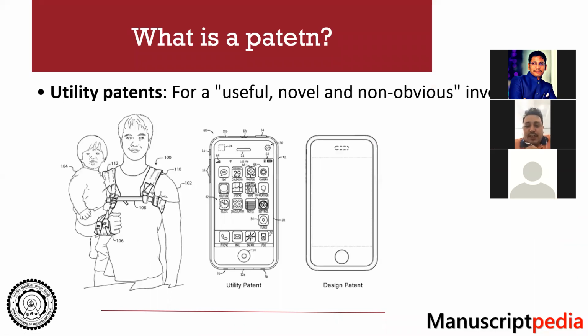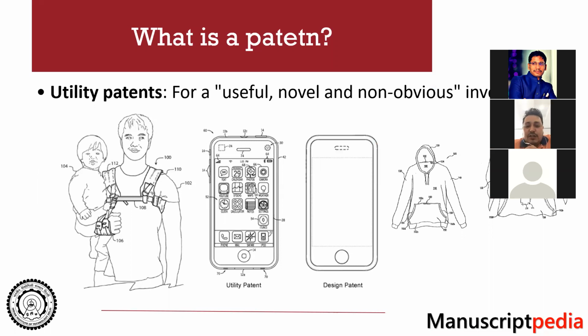We will show examples, like this utility patent. I have shown a very easy patent here, very simple to understand. On the left side is a patent for a baby carrier. It's very easy kind of stuff.